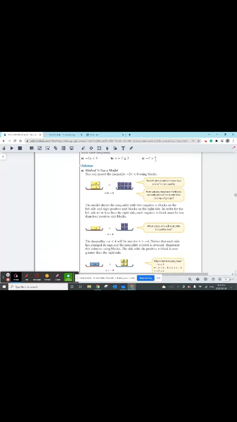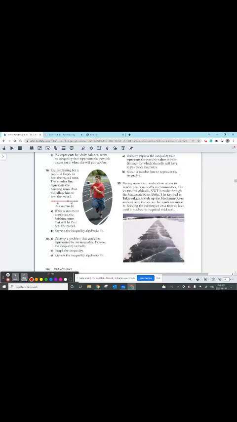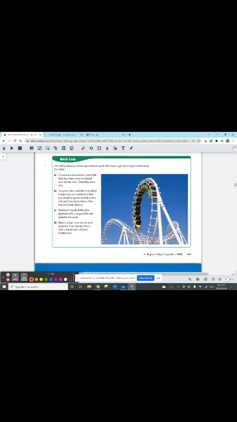Oh my goodness, it skipped a lot. Of course. There you go. Page 347, 348, and 349. Fortunately, we are not learning anything that involves equations per se.